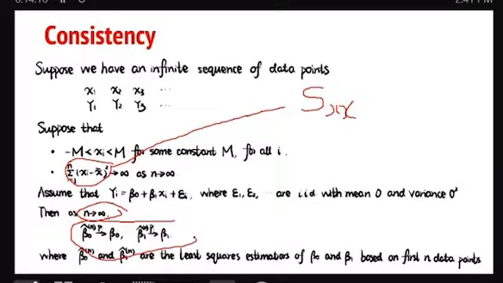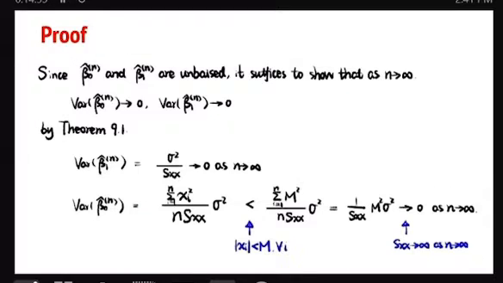We also expect beta 1 cap to converge to beta 1 when n is sufficiently large. But this convergence is not going to take place unless the variance of each of them converges to 0.